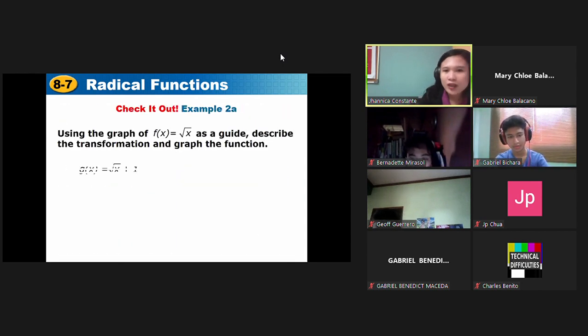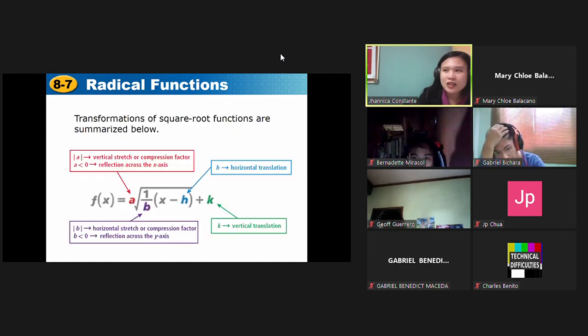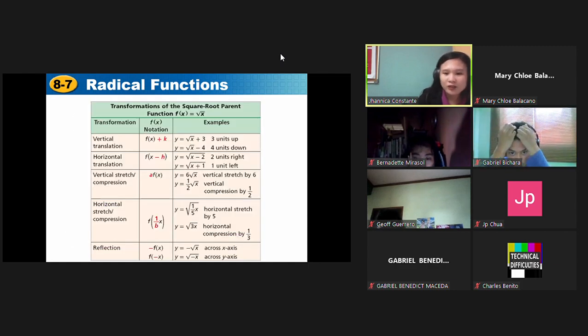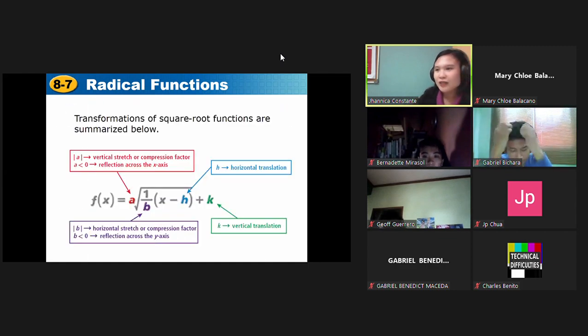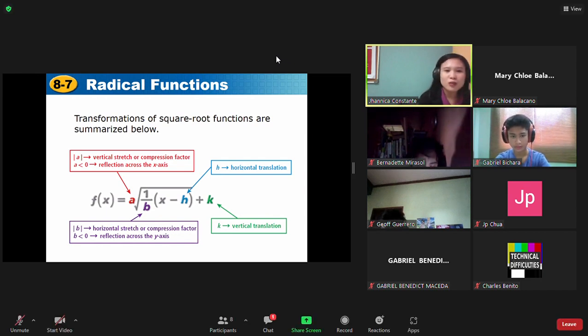To describe the translation that happens to our radical function, we have the standard form of the radical function, which is f of x equals a square root of 1 over b times the quantity of x minus h, plus k.